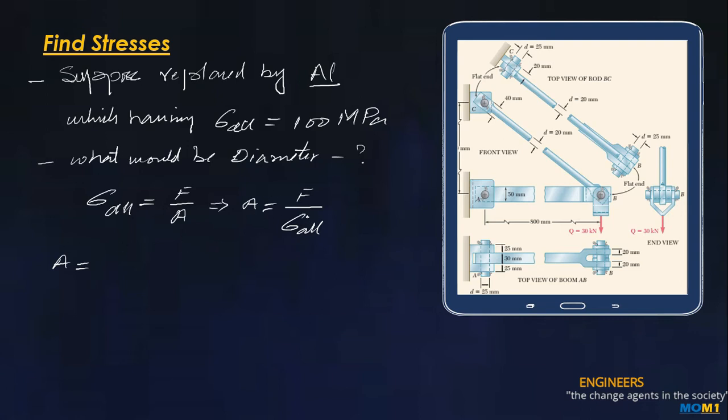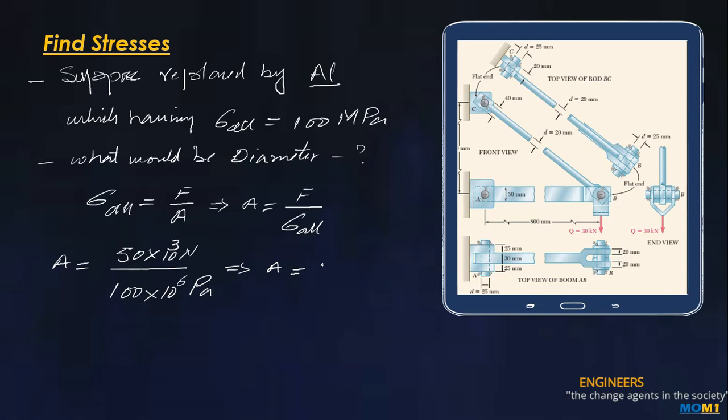So we know the value of this force, that is of 50 into 10 raised power 3 Newton upon the allowable stress, that is 100 into 10 raised power 6 Pascal.